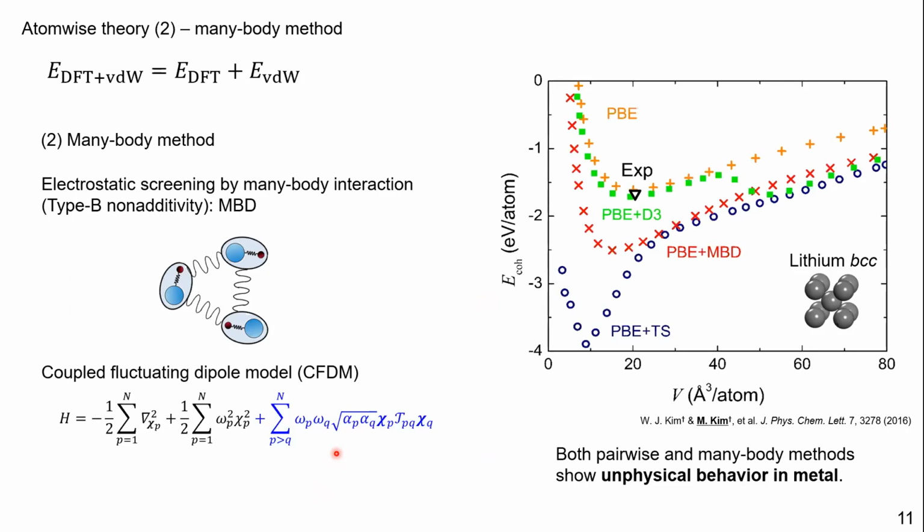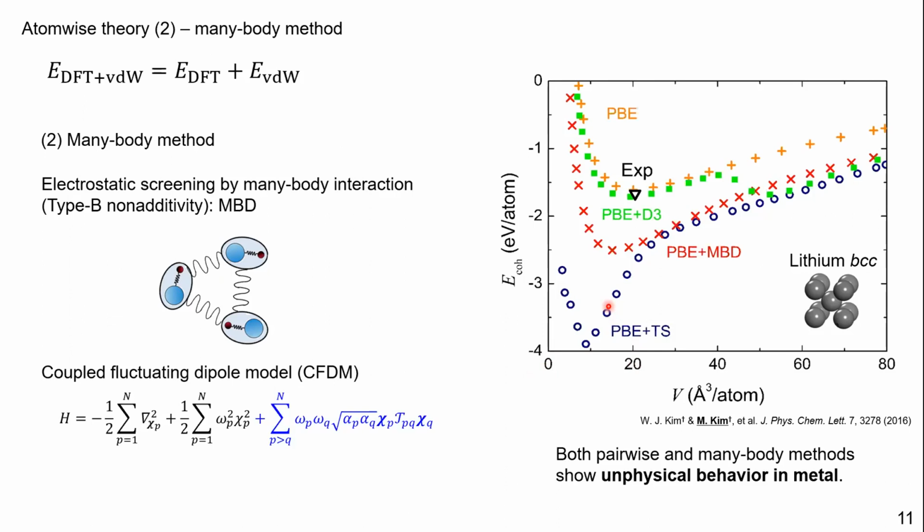This Hamiltonian is called the coupled fluctuating dipole model. So this CFDM Hamiltonian can give us the interaction energy of these three-body van der Waals interactions.